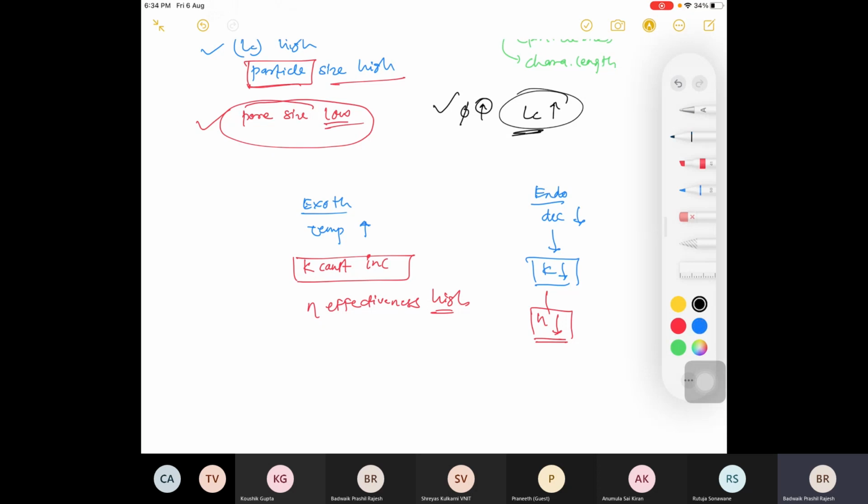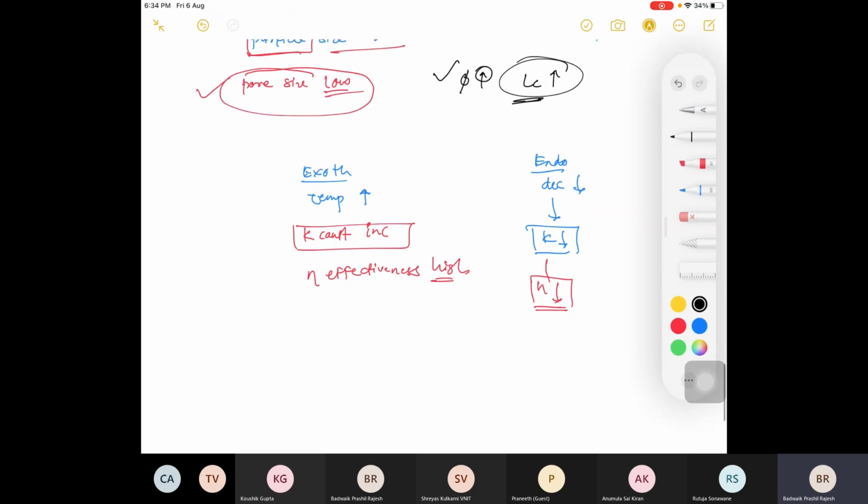If you want to read more about this exothermic and endothermic behavior, you are open to read that book, Octave Levenspiel. Okay, everything is mentioned there. So you can see as I'm increasing the temperature, my effectiveness factor is increasing, right? So can you please tell me, I have a catalyst and suppose I want high rate.